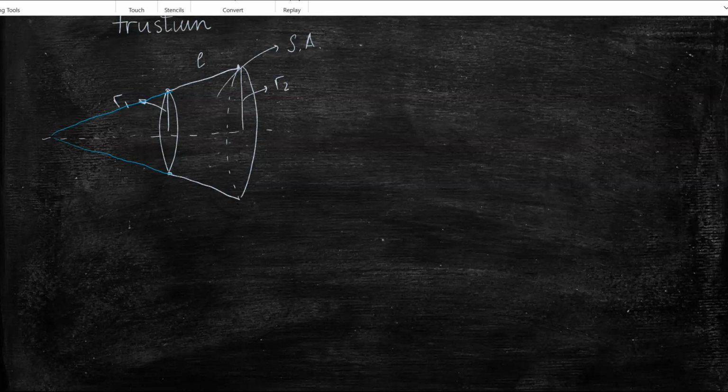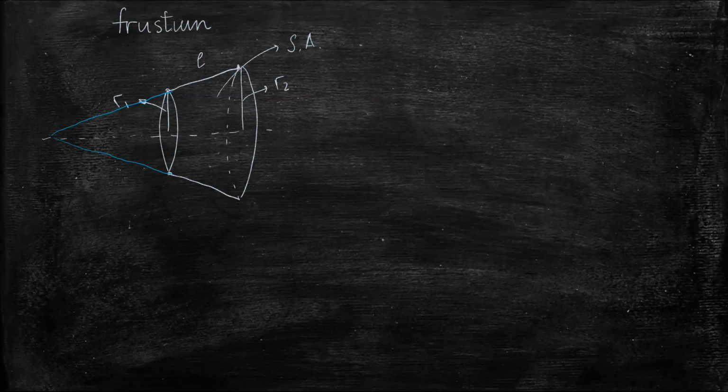And we actually have two cones here. So the surface area that we're interested in finding can be found by taking the surface area of a larger cone and subtracting the surface area of a smaller cone, which forms the tip of that larger cone. And if we do that, then what's left is going to be the area of a frustum.